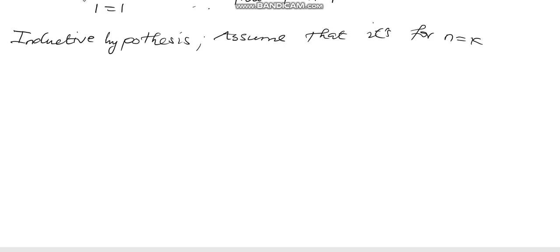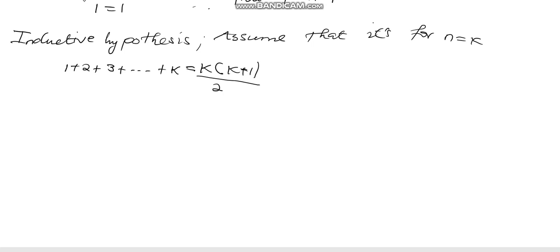So what we do on step number 2 is get the expression the way it is, but where there's n, we substitute with k. So this will be equal to k, open brackets, k plus 1, divided by 2. That is all that we're going to do on step number 2.